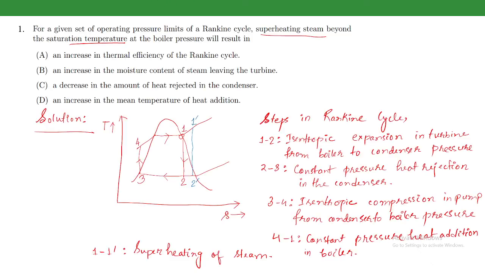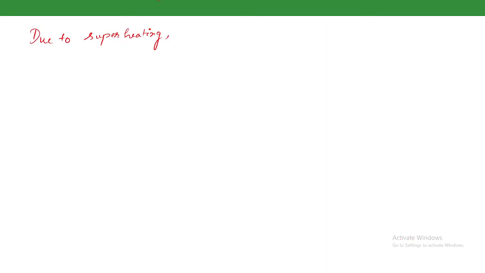Due to superheating, the turbine work, initially 1 to 2, is now 1 dash to 2 dash, so the turbine work has increased. But the pump work remains the same.